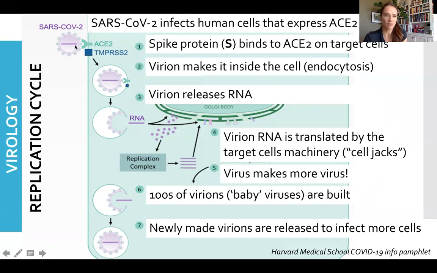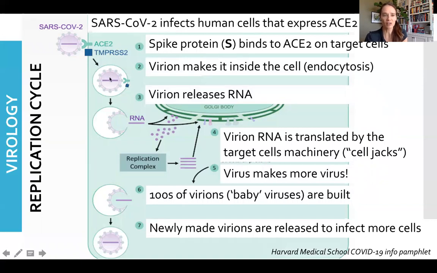That allows the virus to get into that target cell. So that ACE2 protein, that is what the virus is specific for. So it's only going to bind to cells that express ACE2. So if there's a cell in your body that doesn't express ACE2, SARS-CoV-2 will not bind. It can only bind to cells that have ACE2 on their surface.